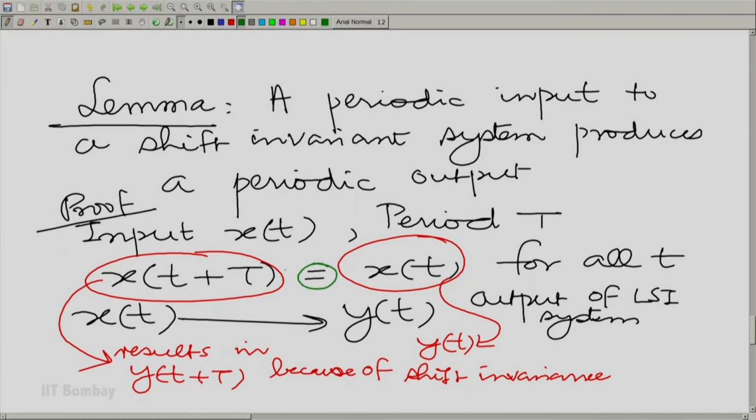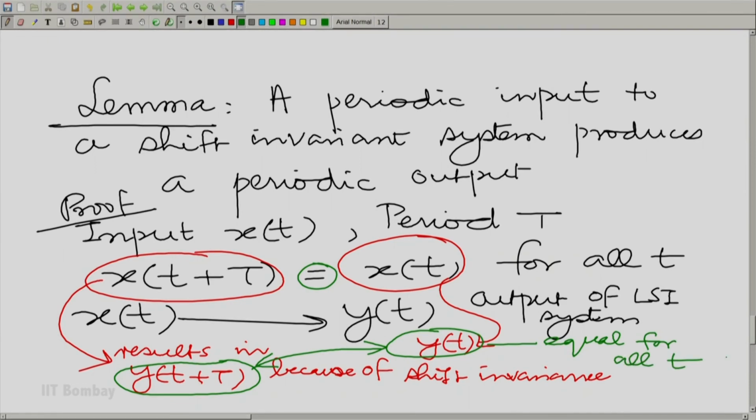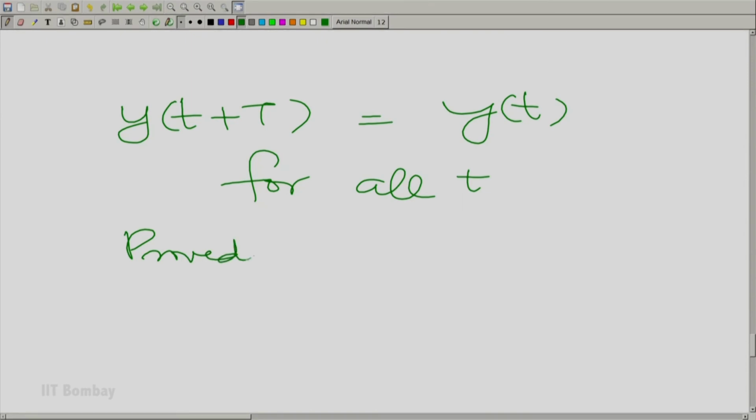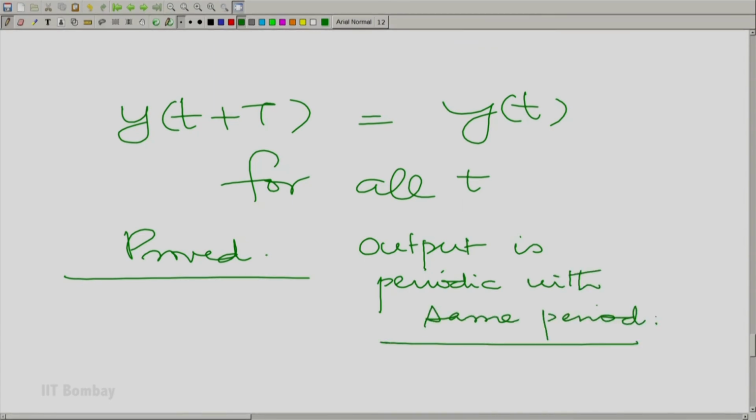Since these two are equal for all t, these two must be equal for all t. So, therefore, we have proved the statement y of t plus capital T must be equal to y of t for all t, and we have proved the lemma that the output is also periodic. In fact, the output is also periodic with the same period.